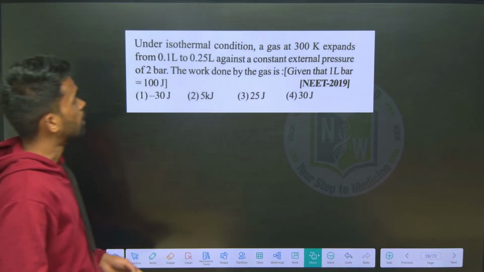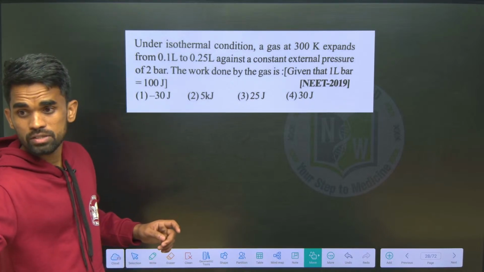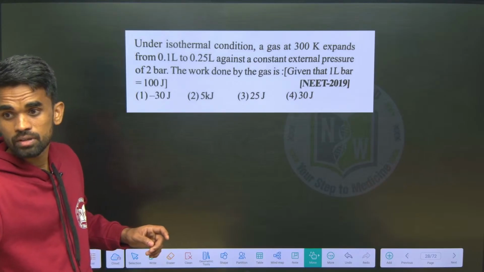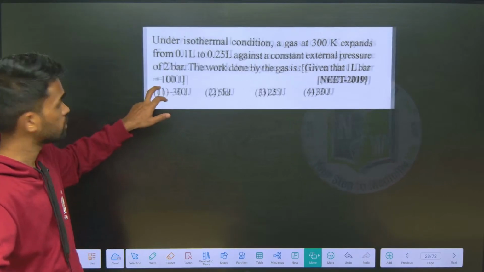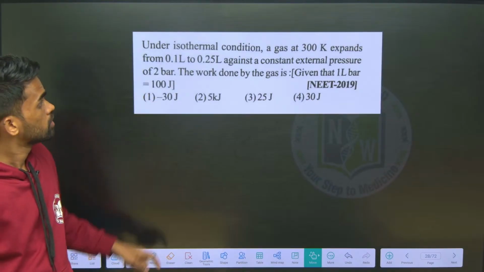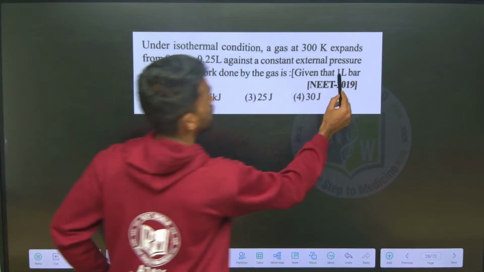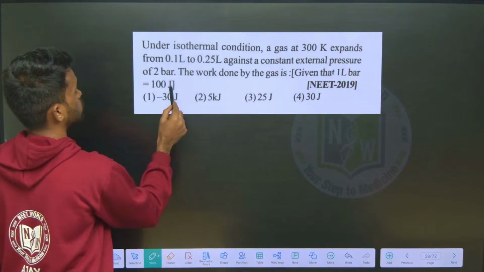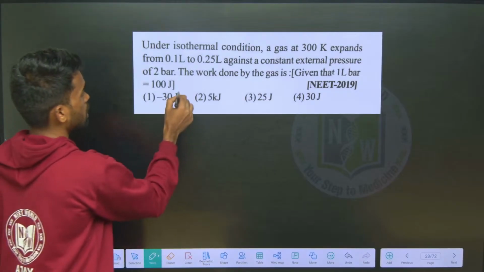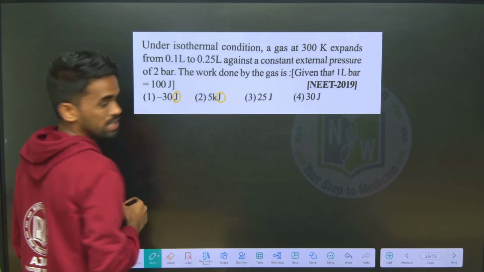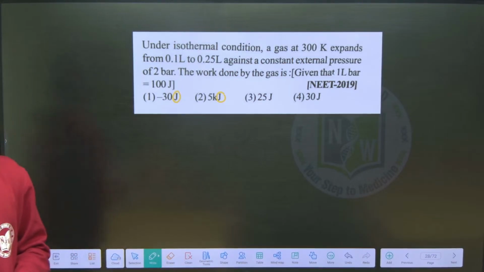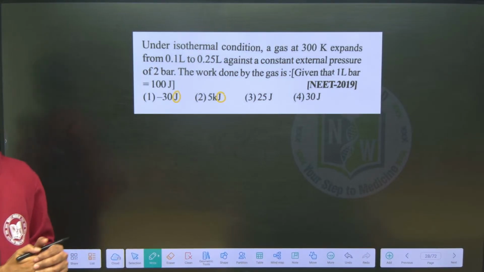See, what is your answer now? What is 1 liter bar? Here they mention that 1 liter bar is equal to 100 joules. Why? Because your answer is in terms of joules, so based on that you have to convert bars into joules.